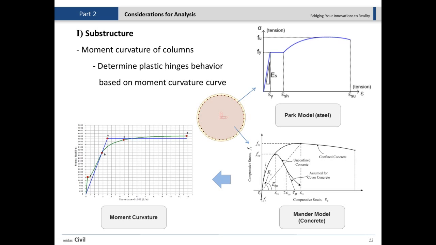This idealized curve is good enough, and whatever software you use will understand that until this moment, the column goes linearly upward, and from that point there is a plateau, or it is yielded.